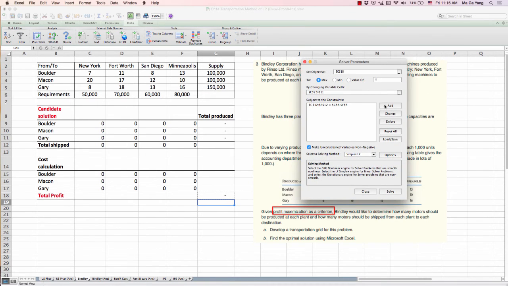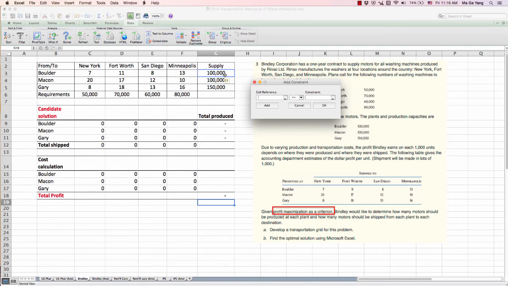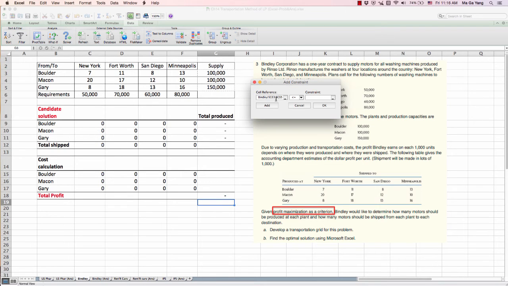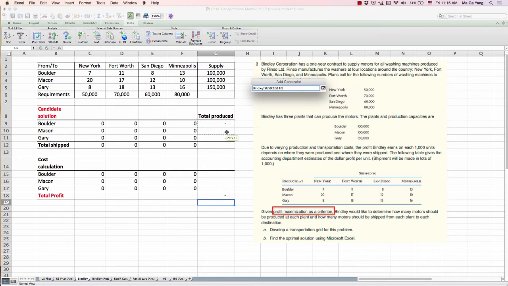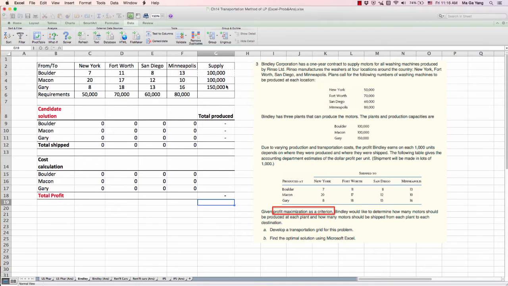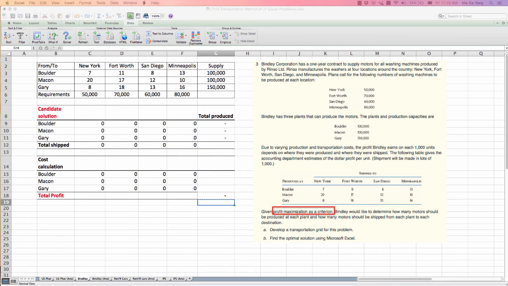And then the second constraint is our total produced does not exceed the current supply capacity or production capacity. Total produced is less than or equal to current production capacity. And then click OK.